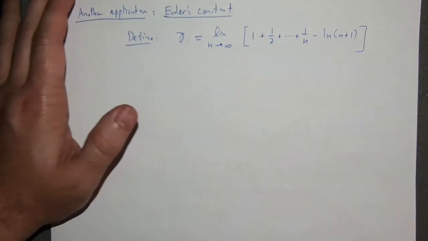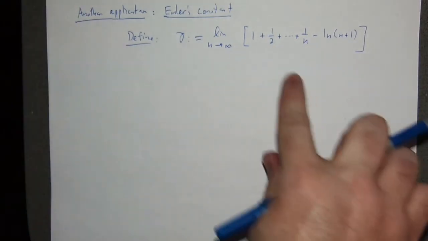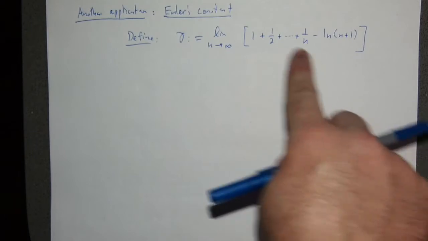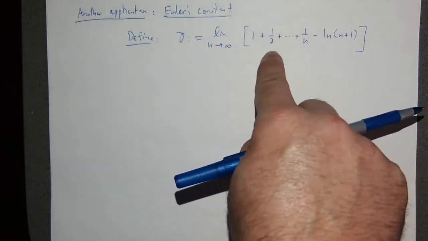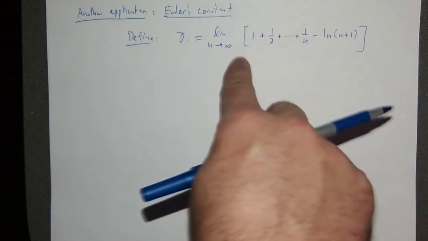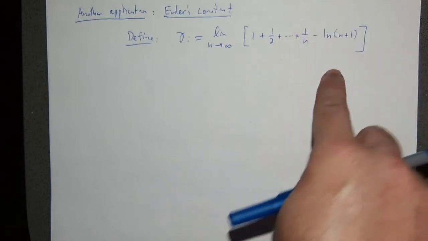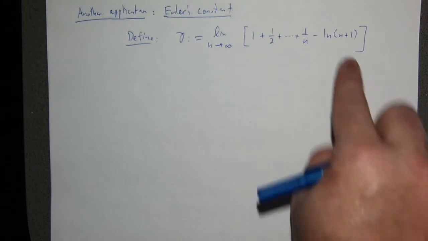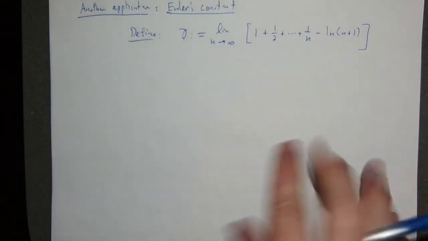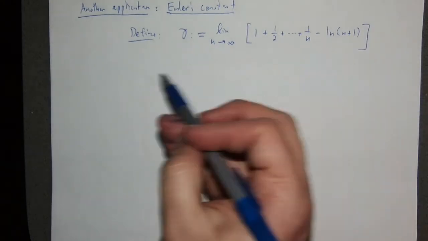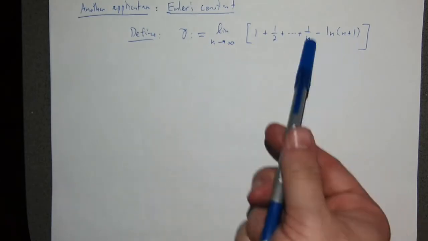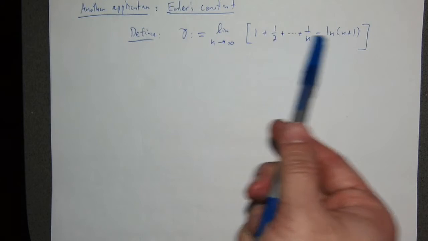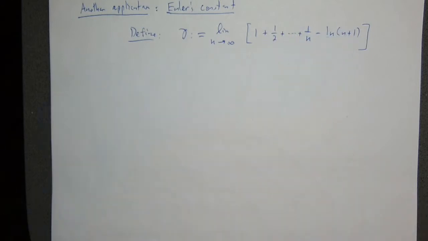Okay, so this is kind of a funky expression. It's essentially like some weird difference between this sum, 1 plus 1/2 plus 1/3 plus 1/4 all the way up to 1 over n, and the natural log of n. I know that I have n plus 1 here. You can actually massage that a little bit, but the point is that this is measuring the difference in growth between these two things in some way, right?